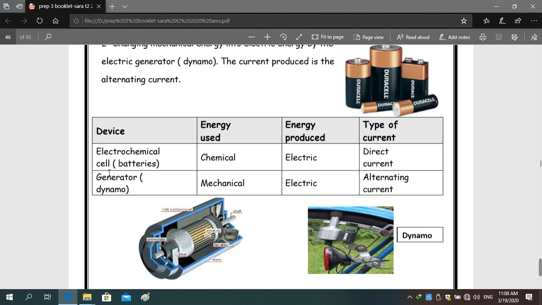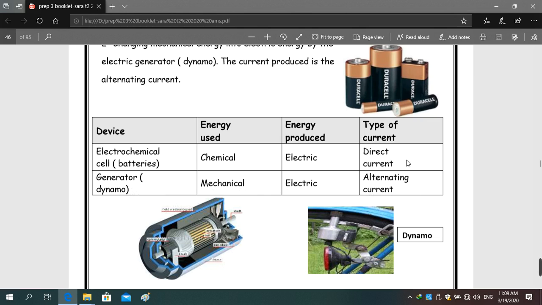The electrochemical cells like batteries, as we see here, transform chemical energy into electric energy, and the type of current is direct current. A generator or a dynamo uses mechanical energy to produce electric energy, and the type of current is alternating current.